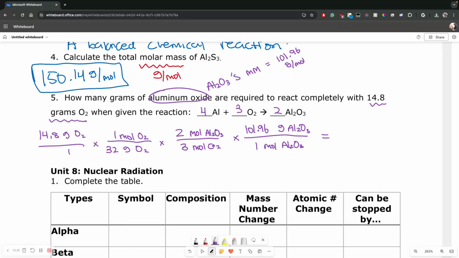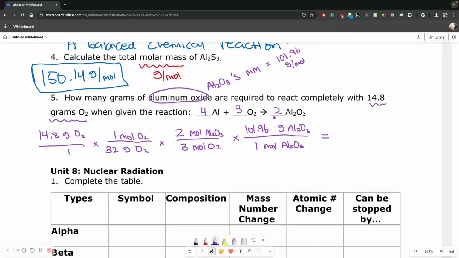So grab out your calculator, plug in 14.8 times 1 times 2 times 101.96. That will give you 3018.016 on top. Divide that by everything on the bottom, so divide it by 1, divide it by 32, divide it by 3.